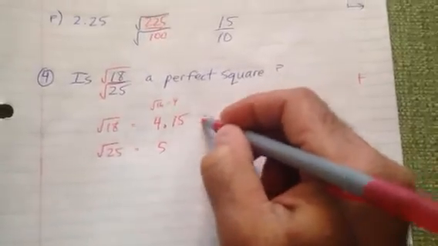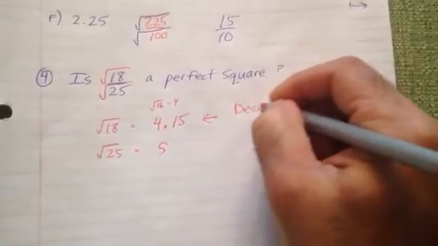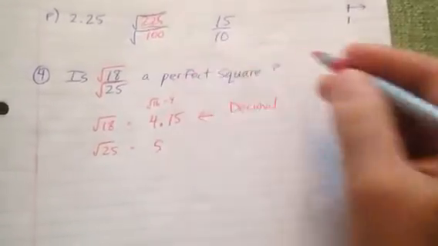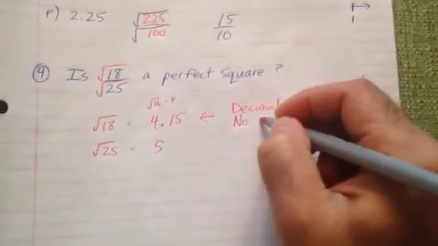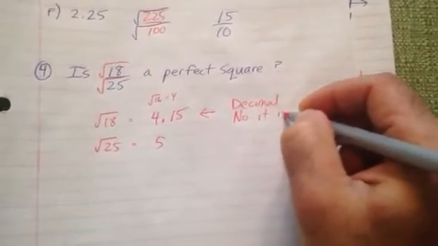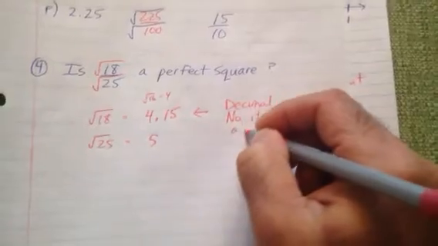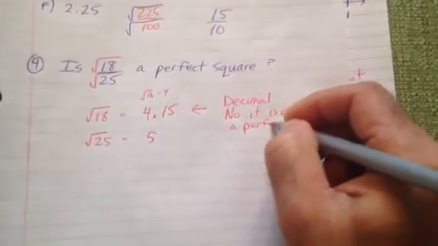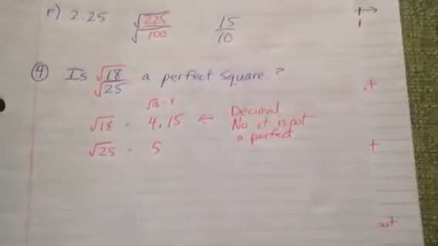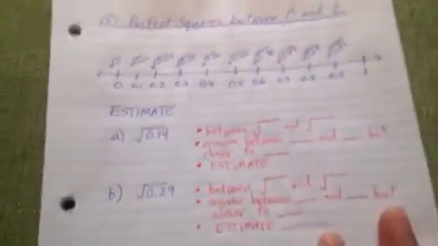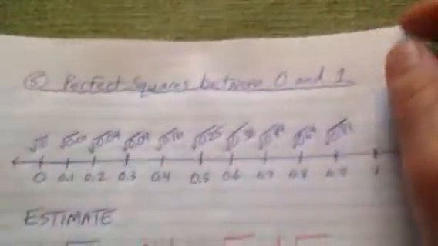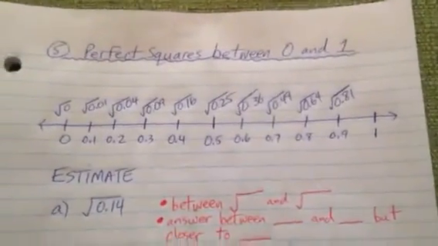So you can tell right away, since this is a decimal, the answer is no, it is not a perfect square. It's because when you square root the numerator, it ends up being a decimal. Can't have that.